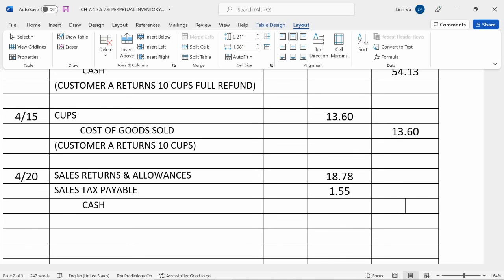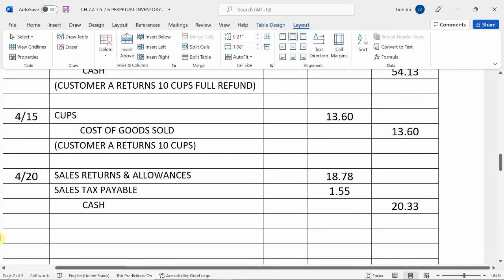They paid in cash, right? We recognize that from above: customer C paid with cash. So how much money am I actually refunding to them? $20.33.